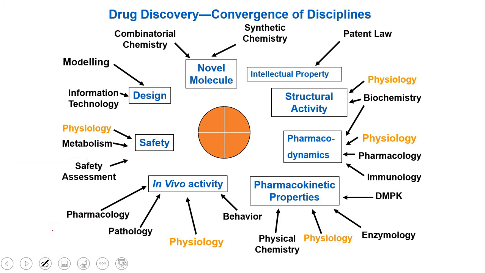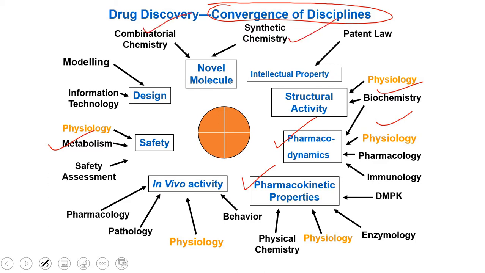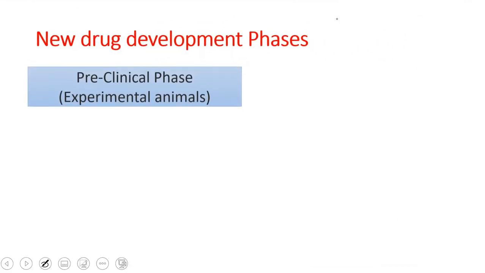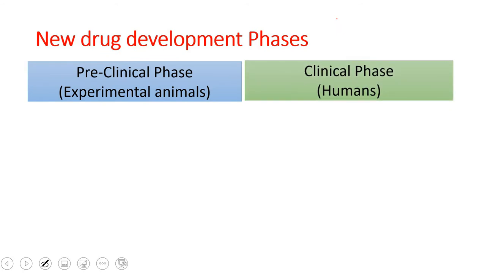drug development is a convergence of different disciplines, involving pharmacokinetics, pharmacodynamics, physiology, biochemistry, and metabolism. You see, combinatorial chemistry, synthetic chemistry, and consequently, if I simplify it for you, new drug development has a preclinical phase and a clinical phase.